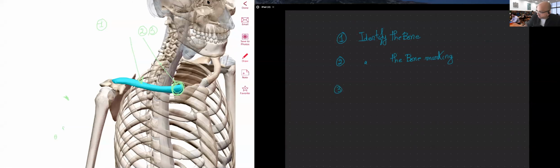For number 3, what is the bone or structure articulating with 2?